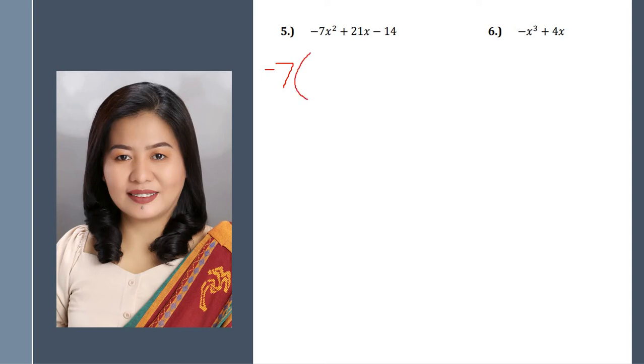Negative 7x squared divided by negative 7 is x squared. And 21x divided by negative 7 is minus 3x. And negative 14 divided by negative 7 is positive 2. So negative 7, you have factors of x squared, you have x and x.